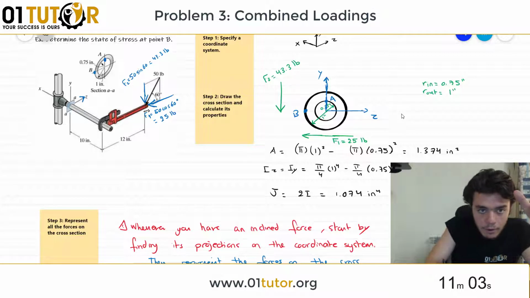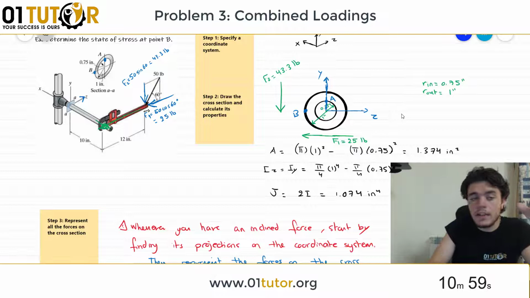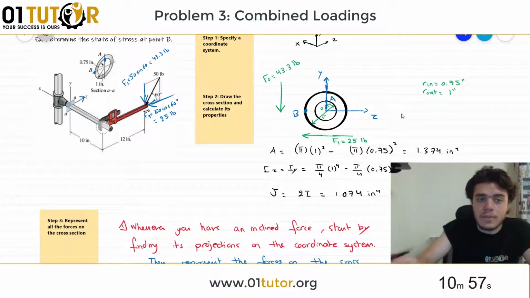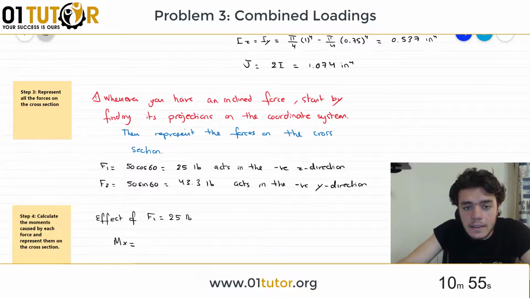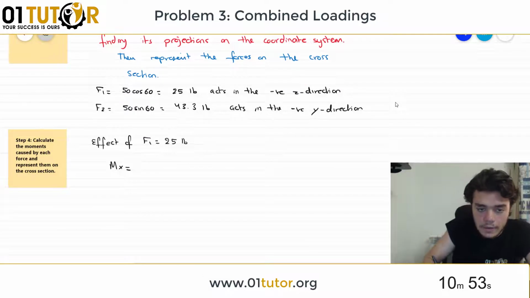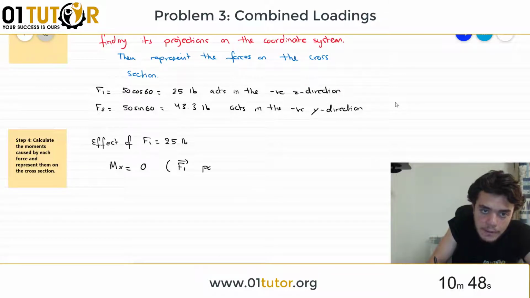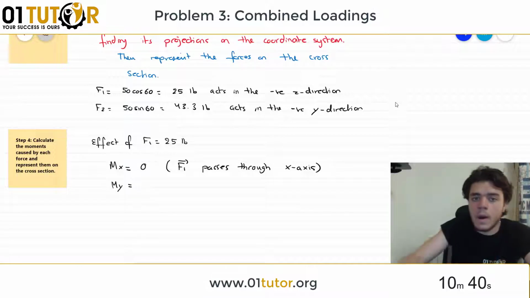If you continue the F1 vector, you're going to hit the x-axis at this point. Since F1 passes through the x-axis, it doesn't create any moment about the x-axis. So Mx due to F1 is 0, because the F1 vector passes through the x-axis.